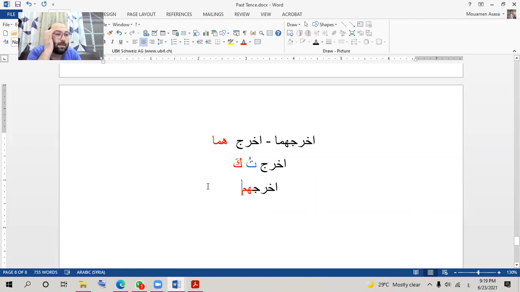Only memorize. When Allah says anzala or akhrajahuma, that means Allah tells Jibreel to tell Muhammad that Allah took out or Allah brought down.